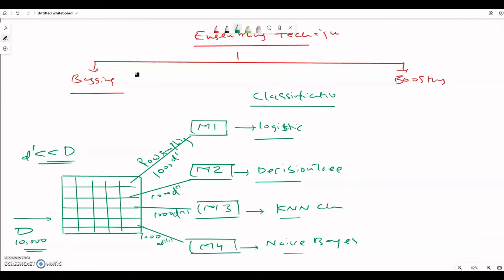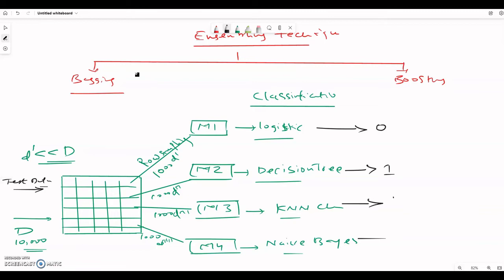Now I would like to send test data and predict my output with respect to each algorithm. For a classification problem we generally have 1 or 0 as an output. Suppose by using logistic regression I have got 0. By using decision tree I have got an output of 1.